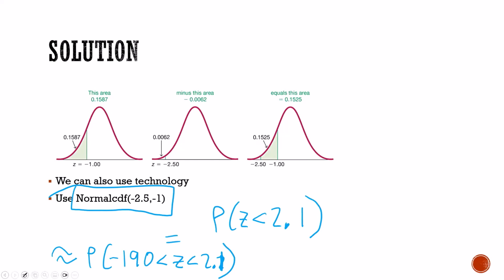So I could type in normal CDF, -190 to 2.1, right? Sure, it's subtracting the area to the left of -190, but that is like finding a person that is 2 inches tall, right? That ain't happening.